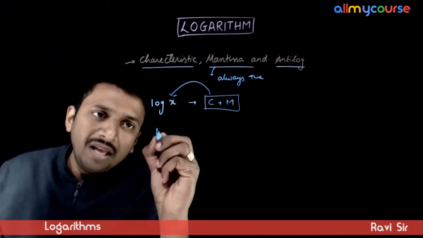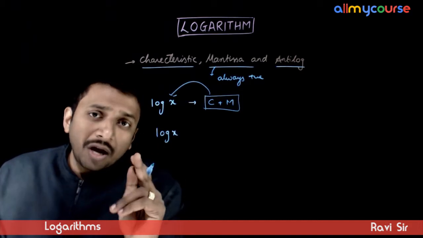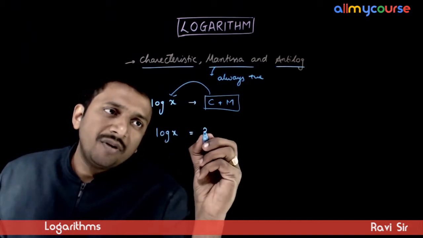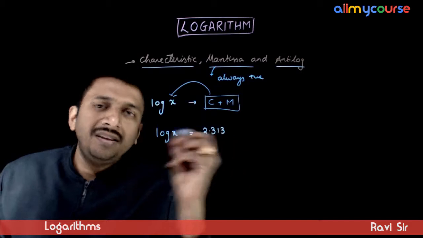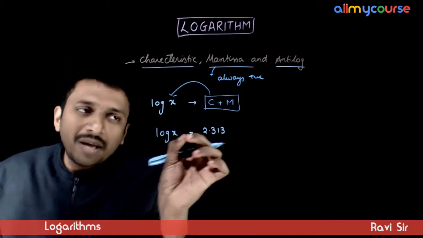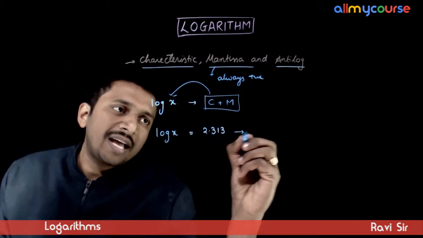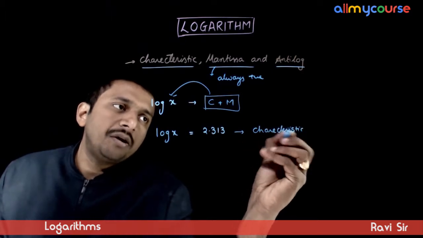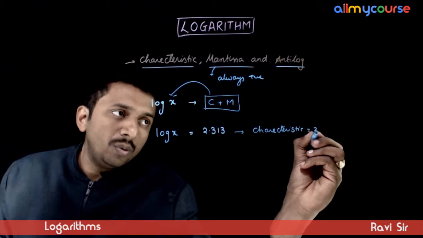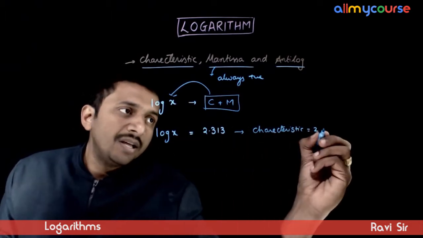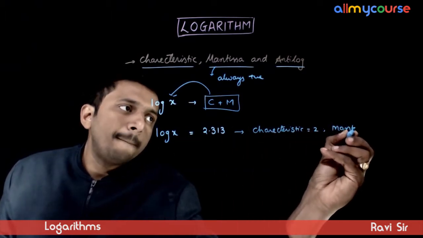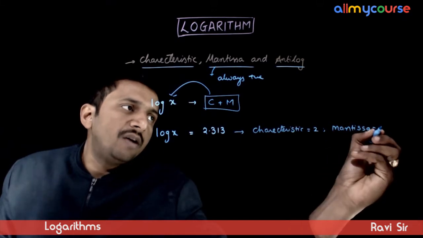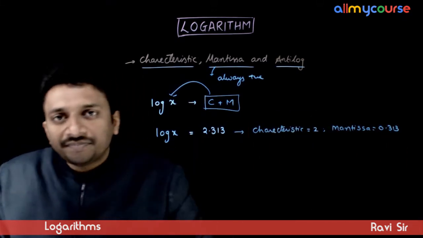So if the logarithm of some number is 2.313, the characteristic of this logarithm will be 2, that is the number before the decimal point, and the Mantissa will be 0.313.